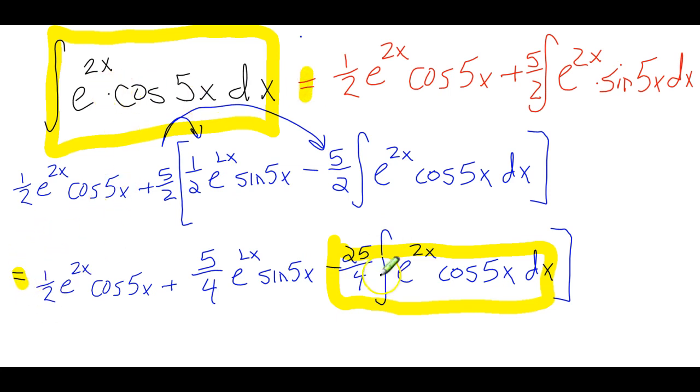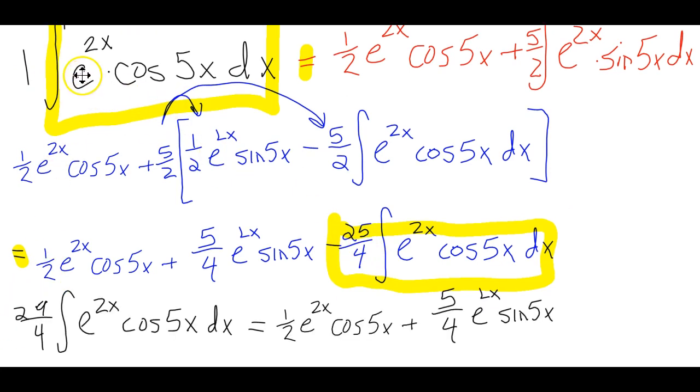Okay, so I'm going to add this to both sides of this equation. There's 1 here. There's 25/4 here. So when I add them together, I'll have 4/4 plus 25/4 is 29/4.